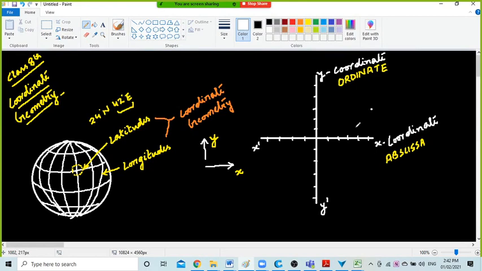So the upper part will be positive and the lower part will be negative.